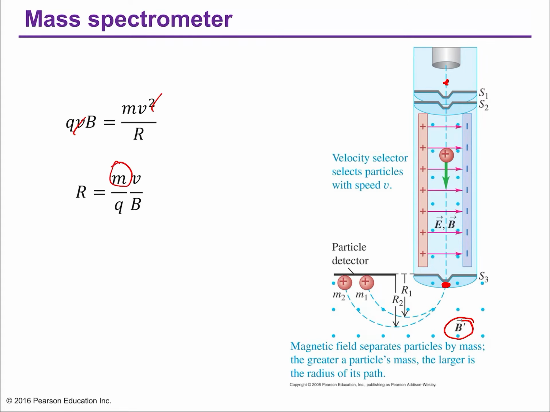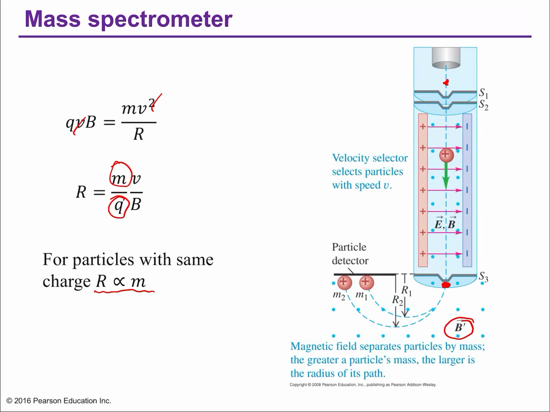Notice that different isotopes all have the same charge but different masses. So the radius would be proportional to the mass, because everything else on the right-hand side of the equation is the same except the mass.